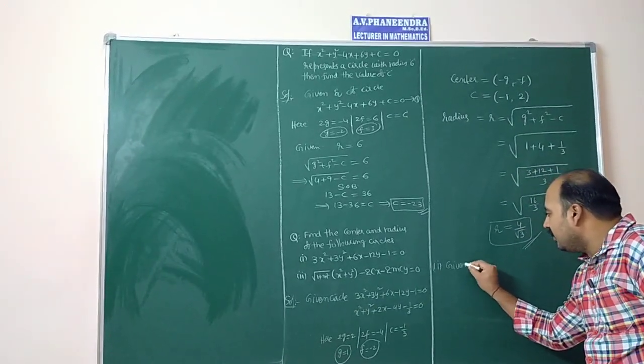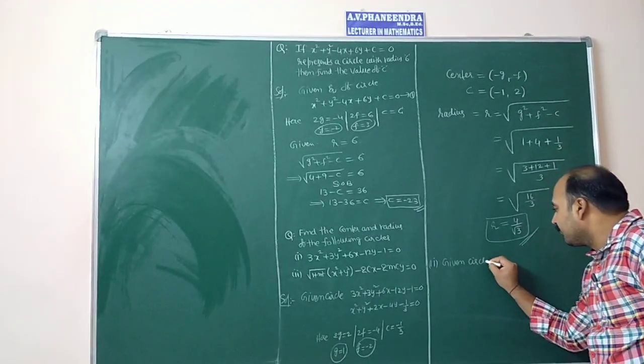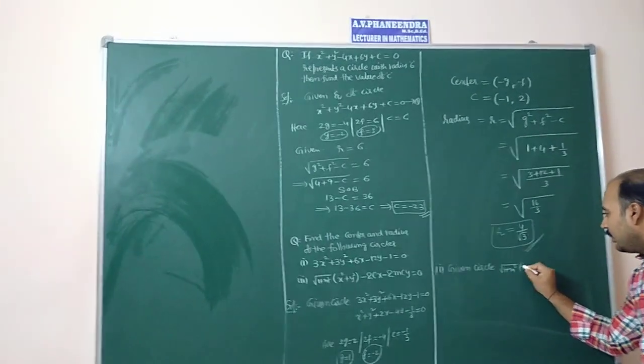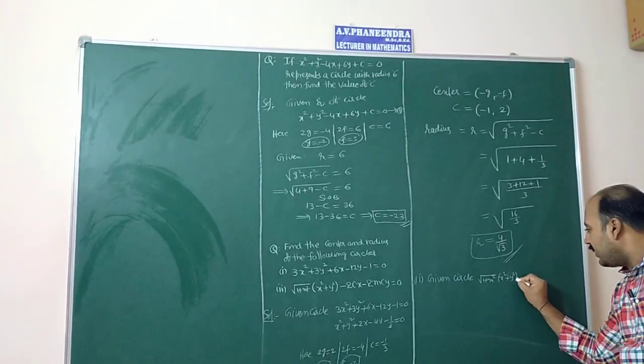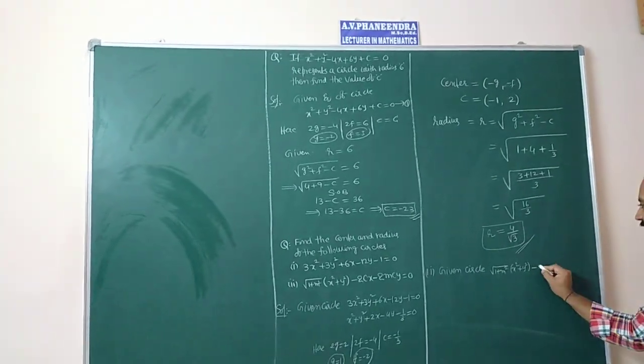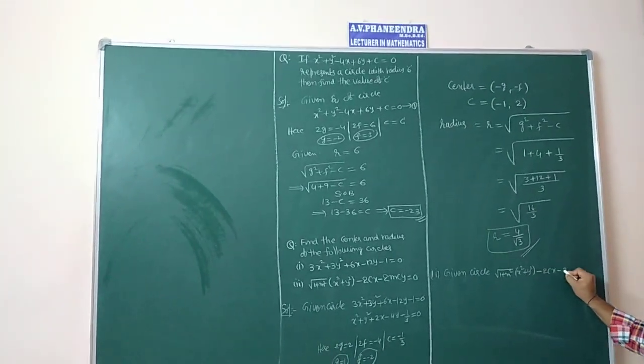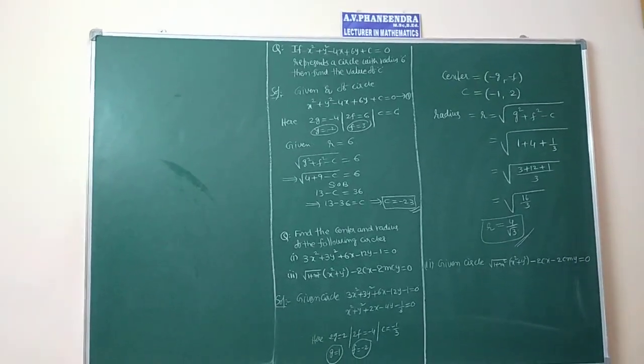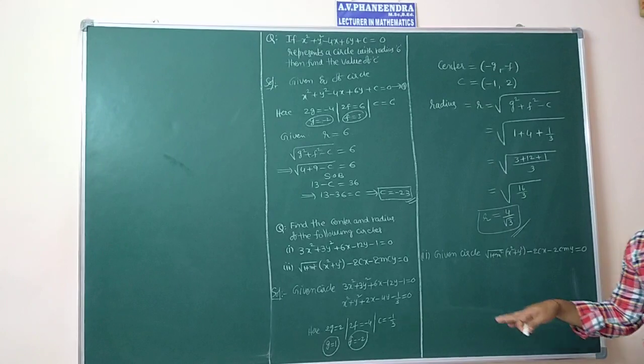What is the given equation of the circle here? Given circle: √(1 + m²)(x² + y²) − 2cx − 2cmy = 0. But still it is not in the general form.